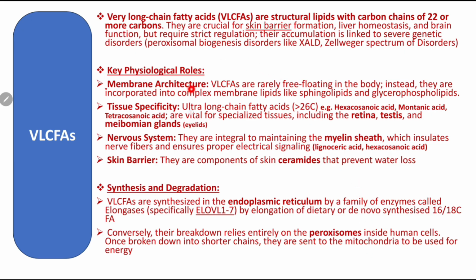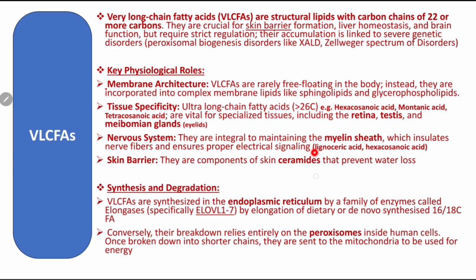Physiological roles of very long chain fatty acids are that they play a role in membrane architecture by being part of sphingolipids and glycerophospholipids. We'll be discussing those in the next video. And ultra long chain fatty acids like hexacosanoic acid, montanic acid, tetracosanoic acid are vital for specialized tissues including retina, testes, meibomian glands.